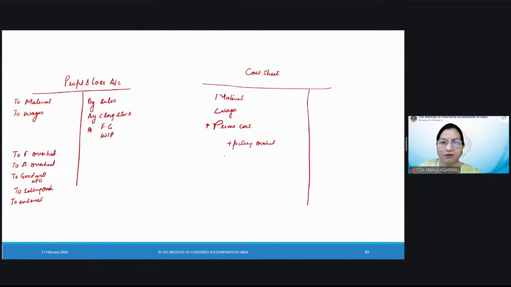This will become your factory cost. You will add administration overheads to this. This will become your cost of production.